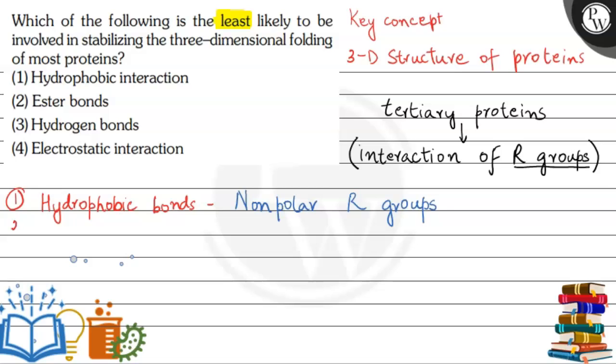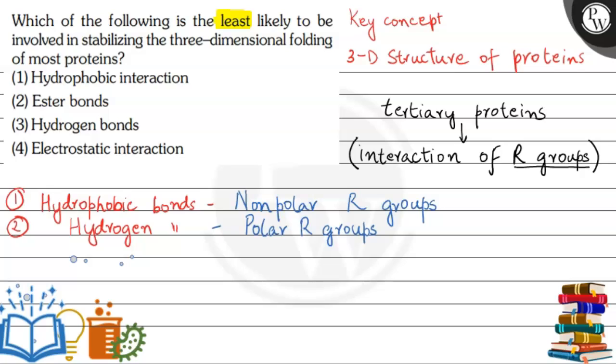Now, the second type of bond present in tertiary proteins is the hydrogen bonds. So hydrogen bonds are basically formed between the polar R groups. So all those amino acids having polar R groups participate in the formation of the hydrogen bonds.